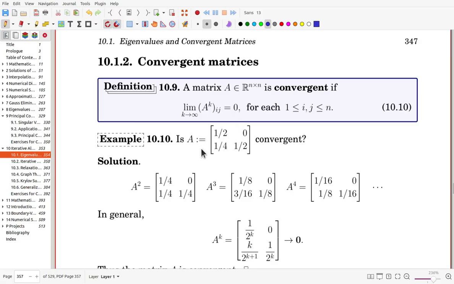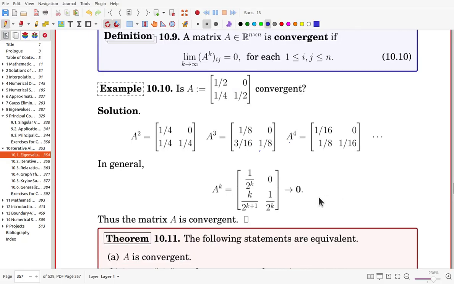For example, we have a 2 by 2 matrix: 1/2, 0, 1/4, 1/2. A squared, we have that. A cubed, again, we can get quite easily. A to the 4, okay, in general, A to the k can be formulated in this way.